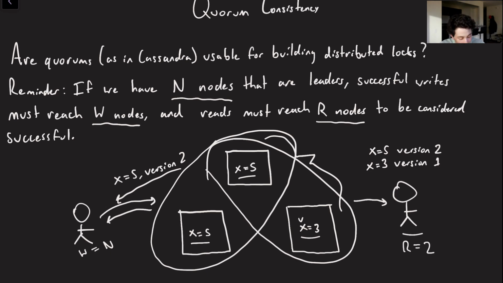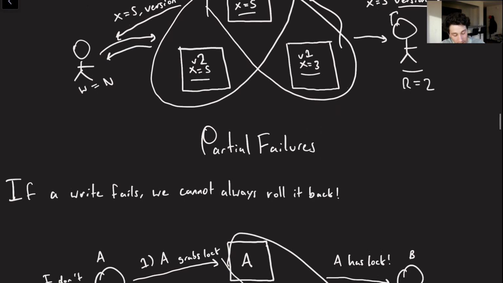So if x equals 3 was version 1, x equals 5 is going to be version 2. And then when this guy over here performs a read, you're going to see that x equals 5 is version 2 of that key, x equals 3 is version 1 of that key, and so we're going to say, oh, well, clearly this is x equals 5, right? x equals 3 was an old value that we just don't happen to have gotten the proper new value for on that particular node that I read from.